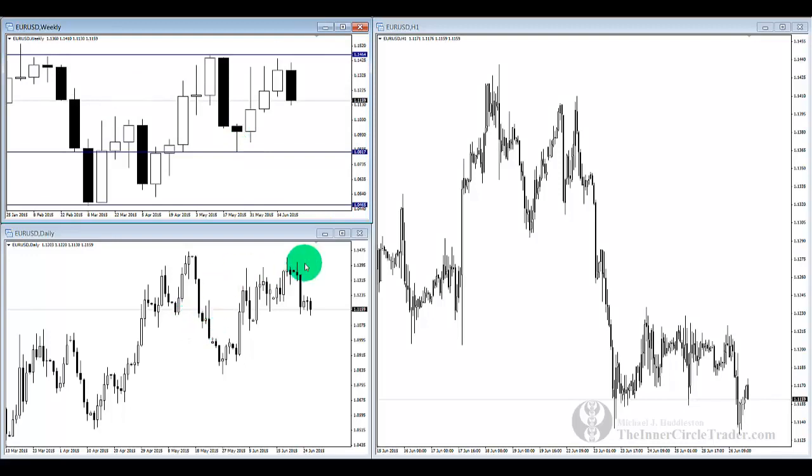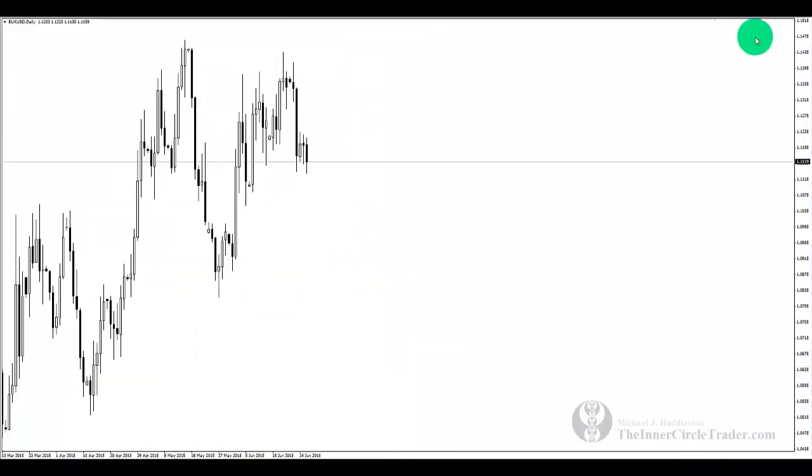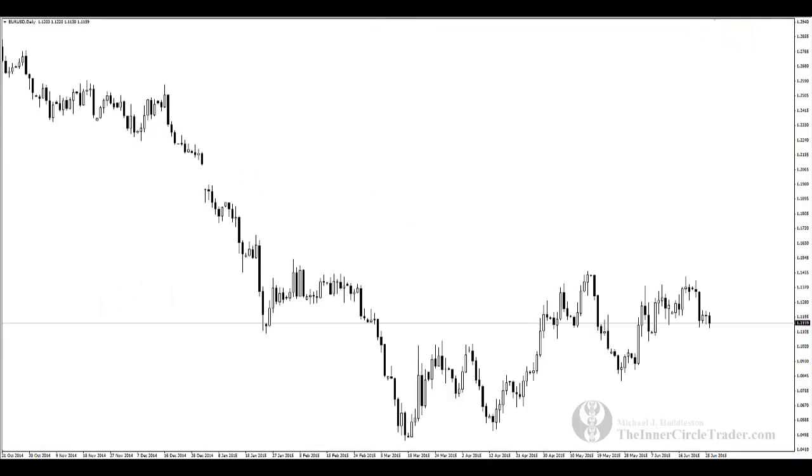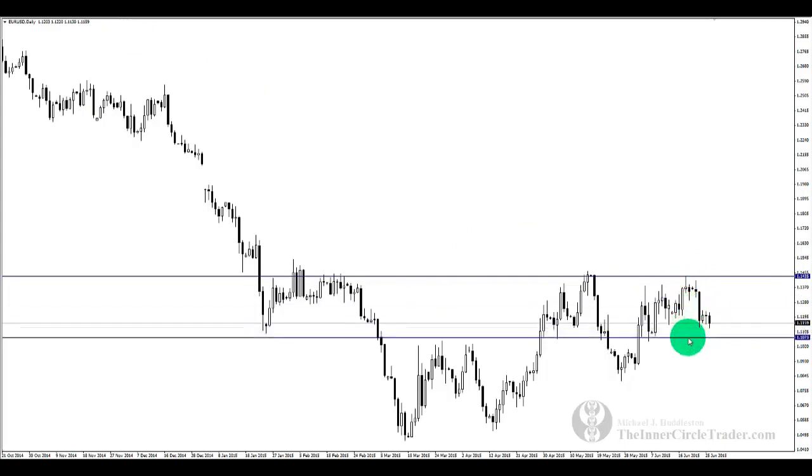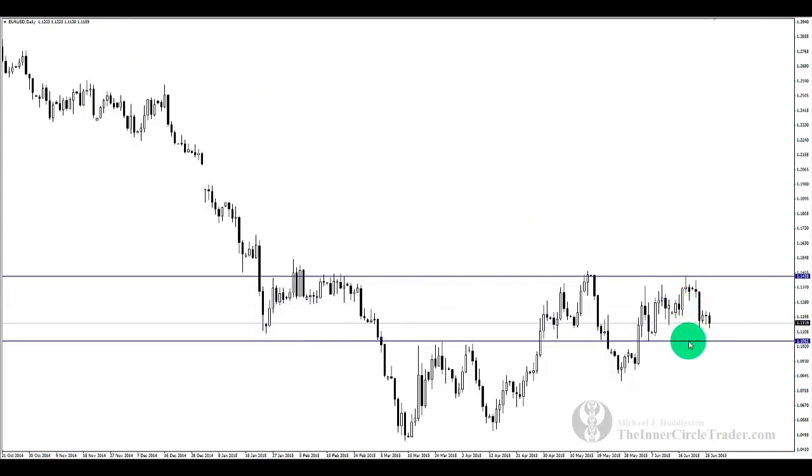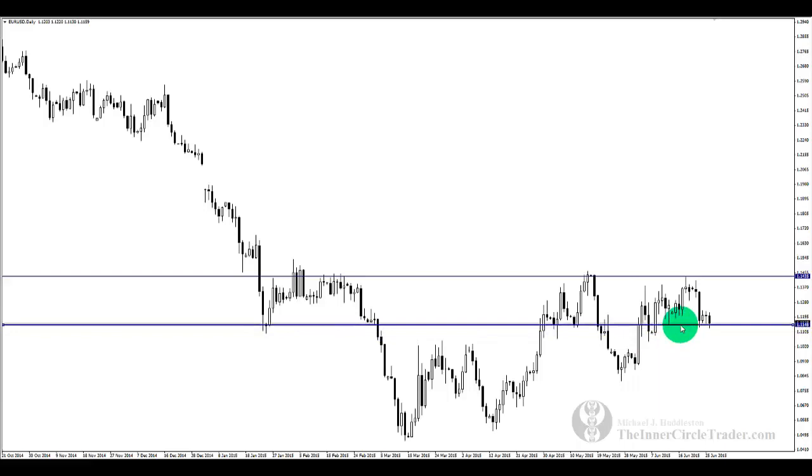We go down to a daily chart, same thing. Pull up our major highs and lows. We have a high here. We have a short-term low right there. And we'll use this one here because it was a reaction point.